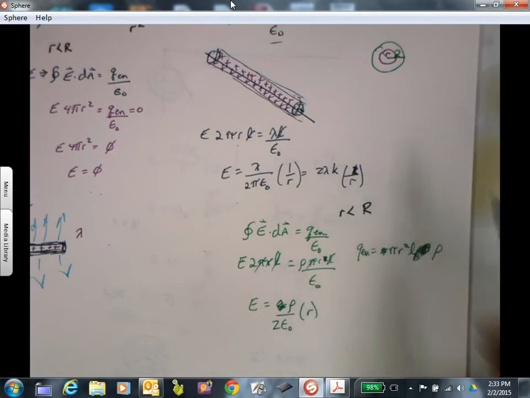Now, what happened? What about all the charges outside of it? Right. It's like the shell idea. If you have a hollow spot inside the hollow, there is no effect from what's outside.